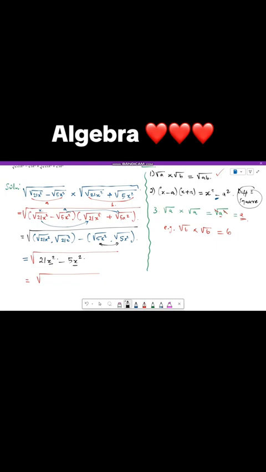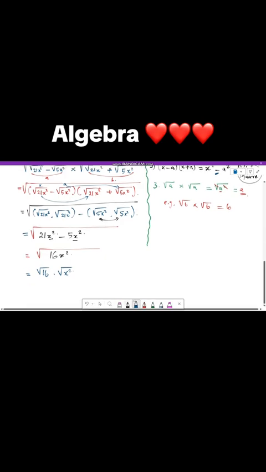So this will be nothing but 16x squared. Then from there I can now reverse this, because I have the square root of 16x squared, so I can write this as the square root of 16 multiplied by the square root of x squared.